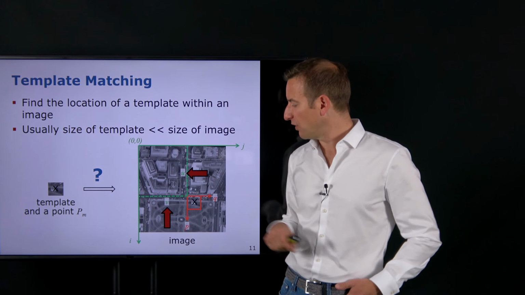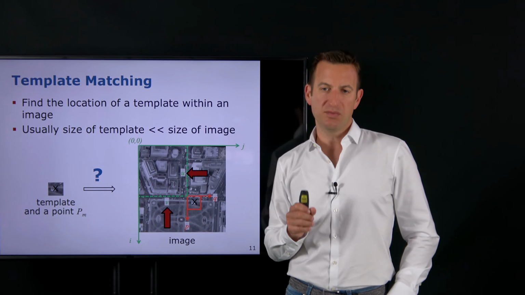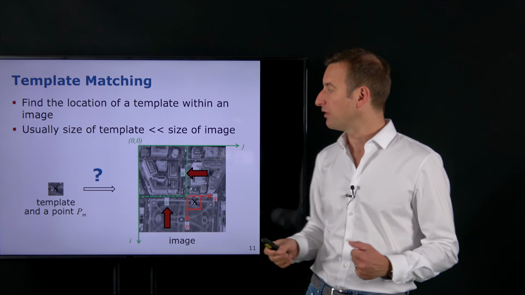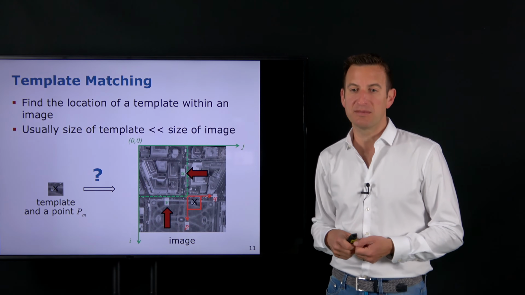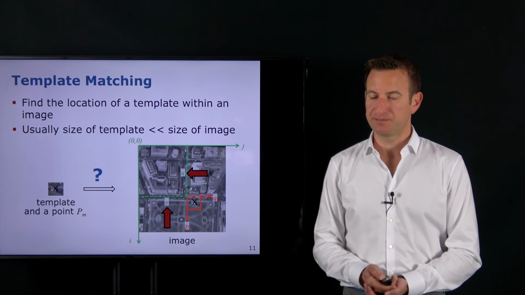So finding those offsets, V and U, is what I'm interested in. I want to find those offsets because once I have them, I know where that patch is located in the other image, and I can exploit this information for my further state estimation processes.